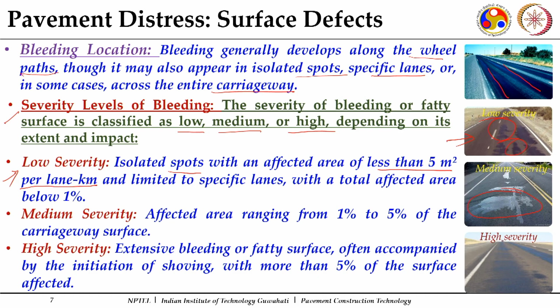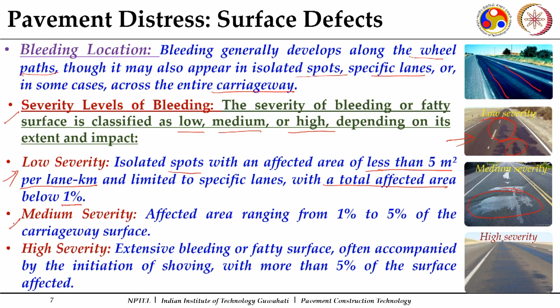So, one lane is having a width of around 3.5 meters. So, for 1 kilometer of that one lane, there should be an area which should be less than 5 meter square, or if I consider the total area of the carriageway, then it should be below 1%. So, if this is there with this bleeding part, I will call this a low severity bleeding.